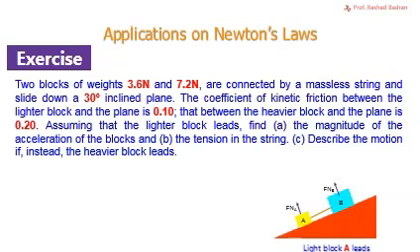And here it's considered that the two blocks are of different materials, given the coefficient of kinetic friction between the lighter block, that's A, and the incline as 0.1, while the coefficient of kinetic friction between the block B with different material and the surface is 0.2.